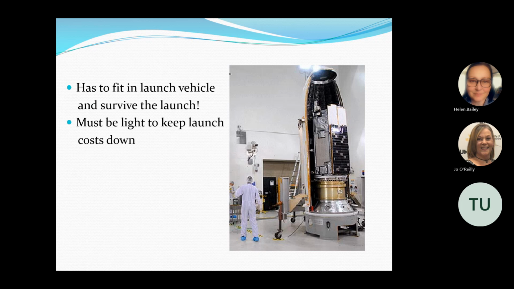And if you've seen any of the footage of rocket launches, there's an awful lot of noise, there's an awful lot of shaking, there's an awful lot of heat. Trying to get your spacecraft to fit in the rocket and survive that journey takes an awful lot of engineering before it's even got to where it's going to do its job.